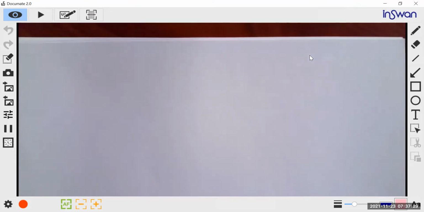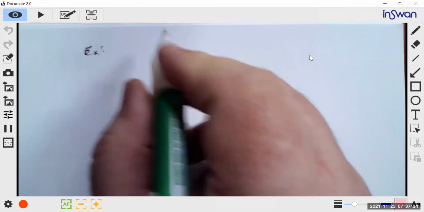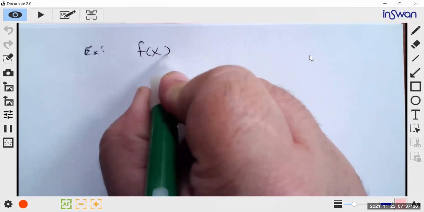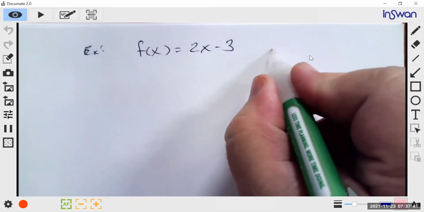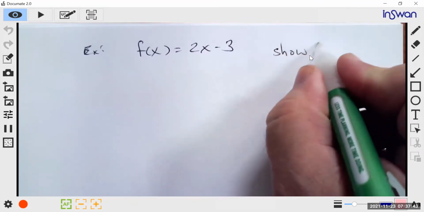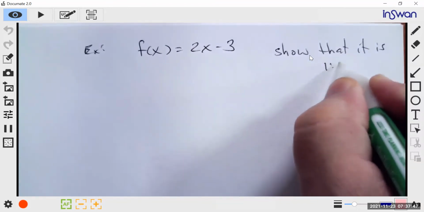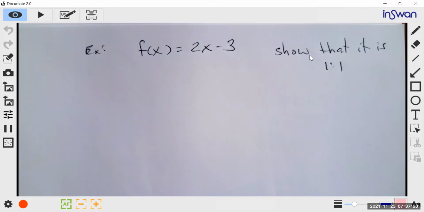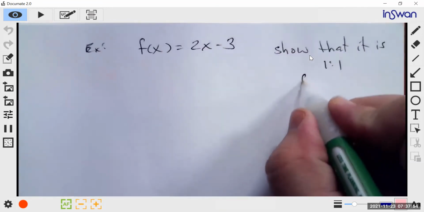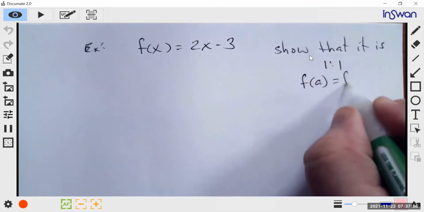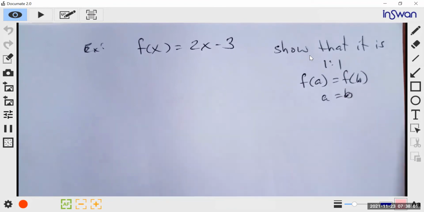So let's see how we actually test for it. Let's pretend we're given a function f of x equals 2x minus 3. Prove that it's one-to-one. So remember we said earlier, to be one-to-one, f of A has to equal f of B, and then at the end, A has to be the same number.